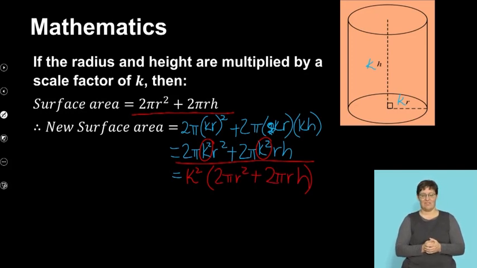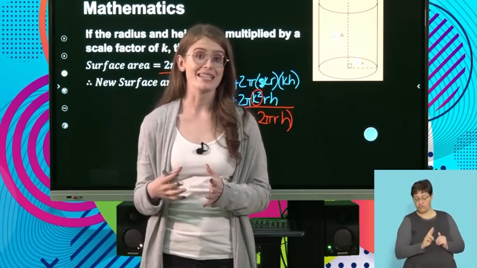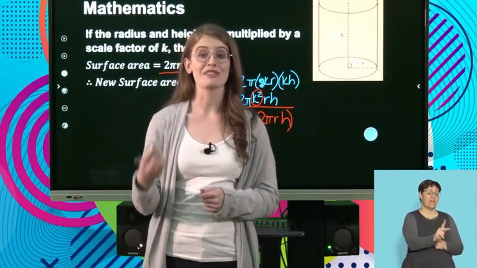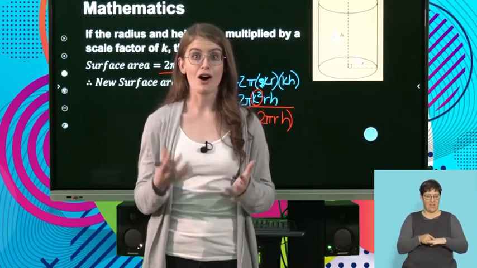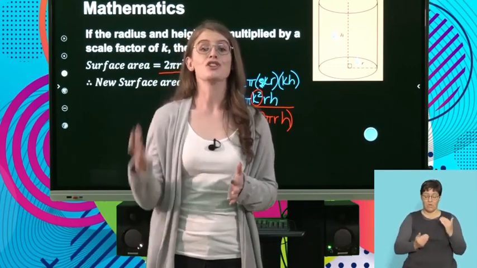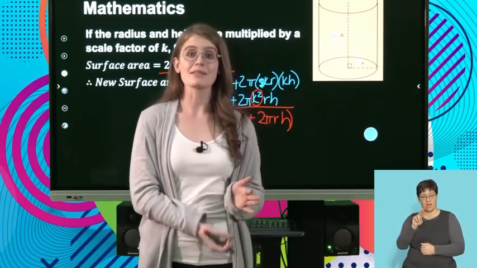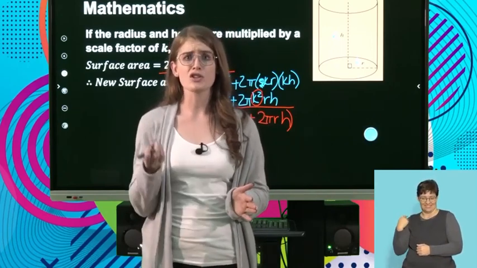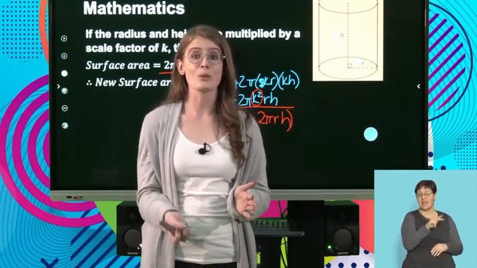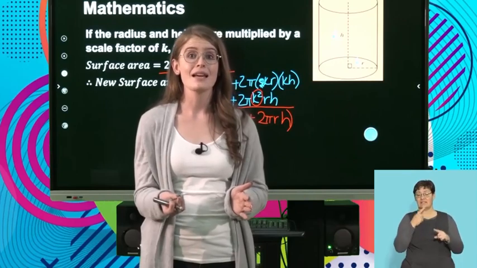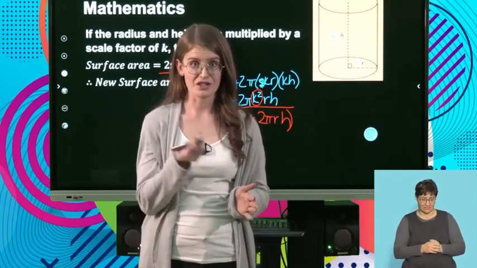So guys, for a cylinder, when I increase the height and the radius by a scale factor of k, this affects the surface area of the cylinder. The new surface area is going to be k squared times the old surface area. Great, let's go to the board.